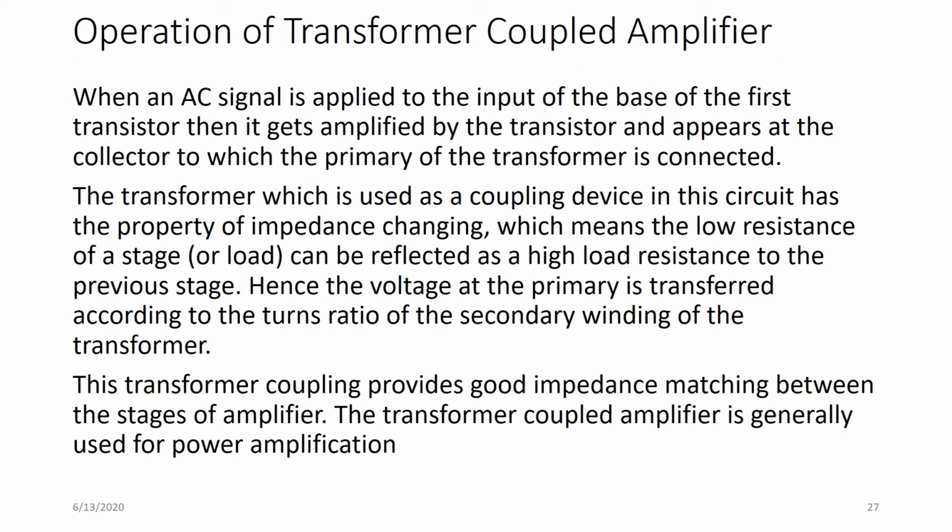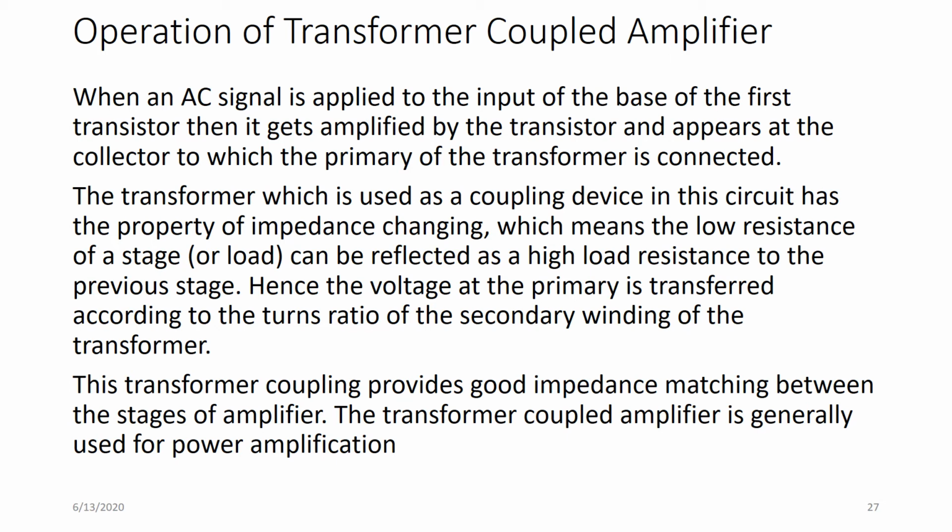Operation of the transformer coupled amplifier. When an AC signal is applied to the base of the first transistor, it gets amplified by the transistor and appears at the collector, to which the primary of the transformer is connected. Now the role of the transformer comes into the picture. The transformer used as a coupling device in the circuit has the property of impedance changing, meaning the low resistance of the next stage can be reflected as a high load resistance to the previous stage.